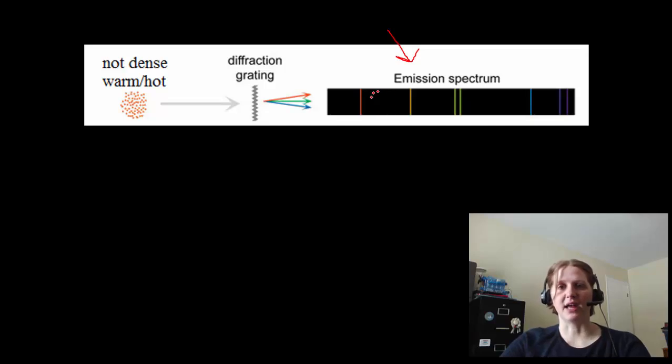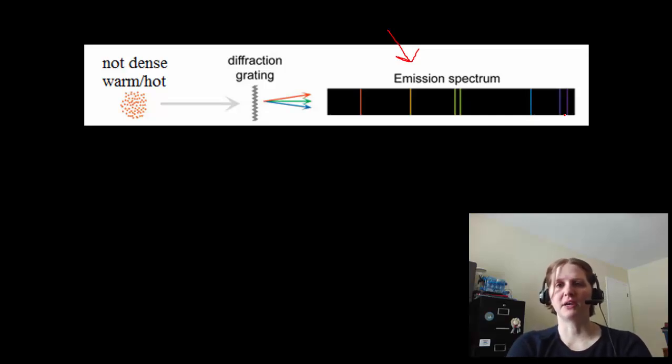Here it shows it as black, but that just means absence of light. So you would see a bright orange line in this case, a bright yellow line, two bright green lines, a bright blue, two bright purples, but you would see nothing in between them. So bright spectral lines would be an emission spectrum.